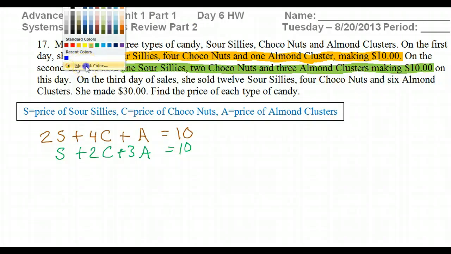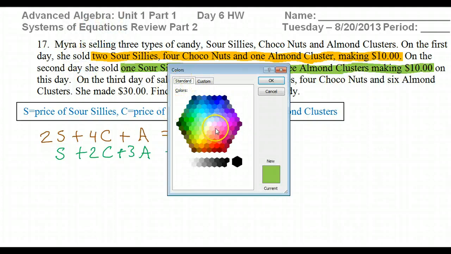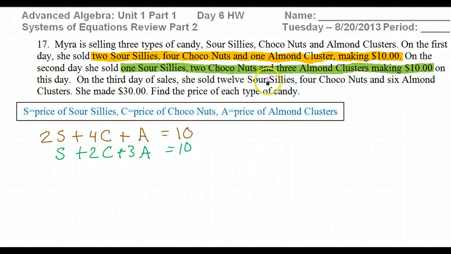Okay, let me go highlighter on it. I feel like pink. Alright, on the third day, she sold 12 sour sillies, 4 choco nuts, 6 almond clusters, and made $30. So, therefore, we're going to need a pink equation.